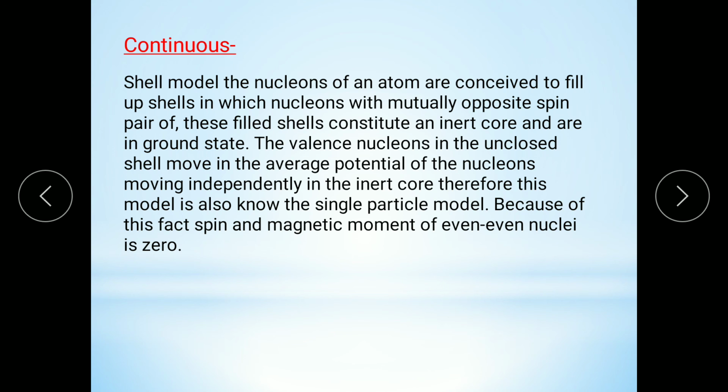Now see, the valence nucleons in the unclosed shell move in the average potential of the nucleus, moving independently of the inner core. Therefore this model is also known as the single particle model.